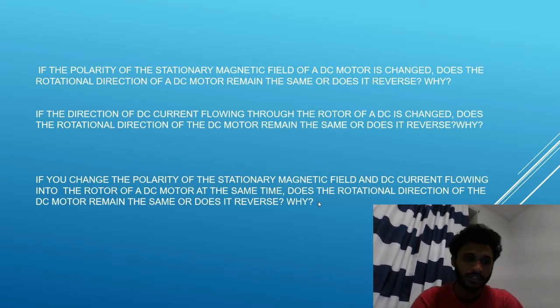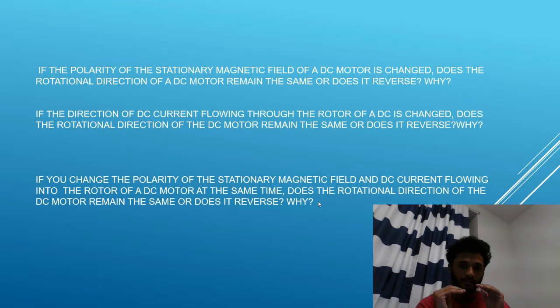Coming to the last question: if you change the polarity of the stationary magnetic field and the DC current flowing into the rotor of a DC motor at the same time, does the rotational direction remain the same, or does it reverse? Here the direction of the DC motor will remain the same, because the polarity of the stationary magnetic field is changed and the direction of the current is also changed.